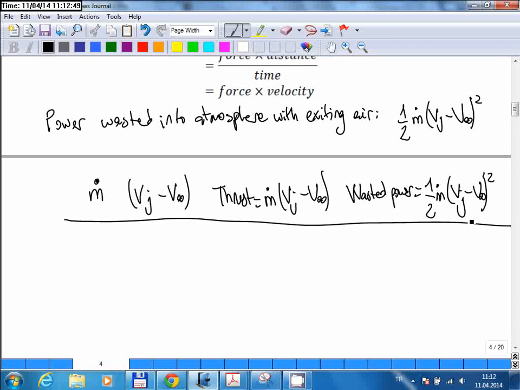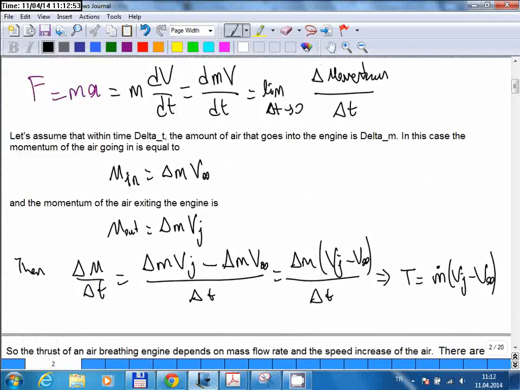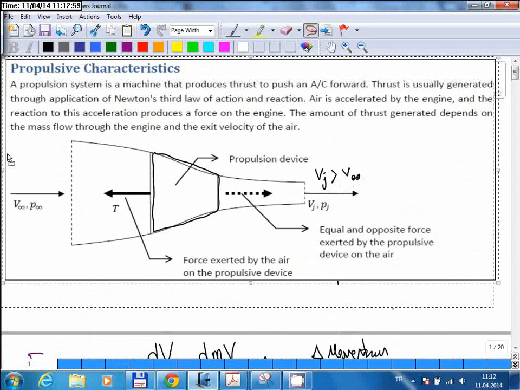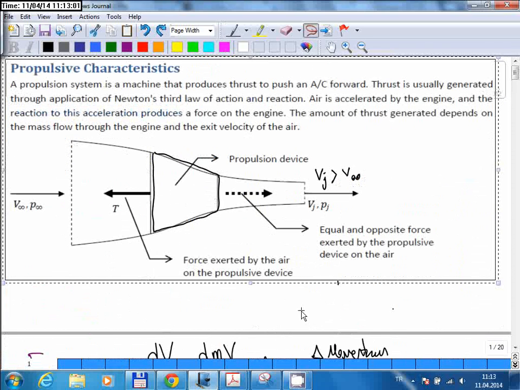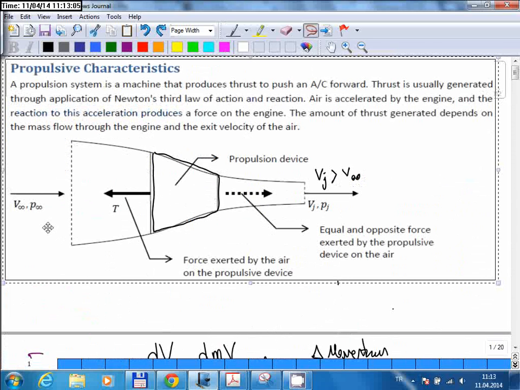So that's a good question. That's because, okay, I was talking about this picture here, right? And here I said that the air entering the engine has speed V infinity, and the air leaving the engine has speed Vj. But that's not really the situation in reality. In reality, the atmosphere is still, right? The air has actually no energy to begin with.